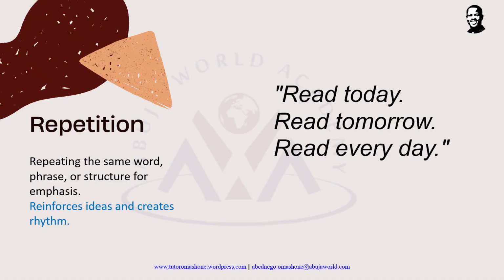And it is used to reinforce ideas or create rhythm. In fact, this example reinforces the idea of you having to read as often as you can, and it also creates a rhythm. If you read it, you'll notice that it actually has a rhythm. All right, so that is an example of repetition.